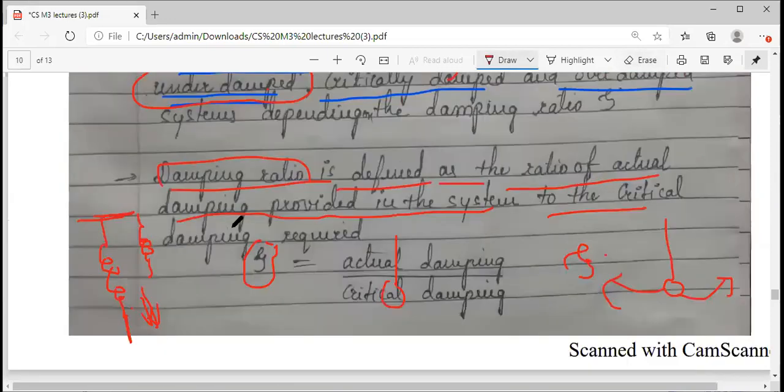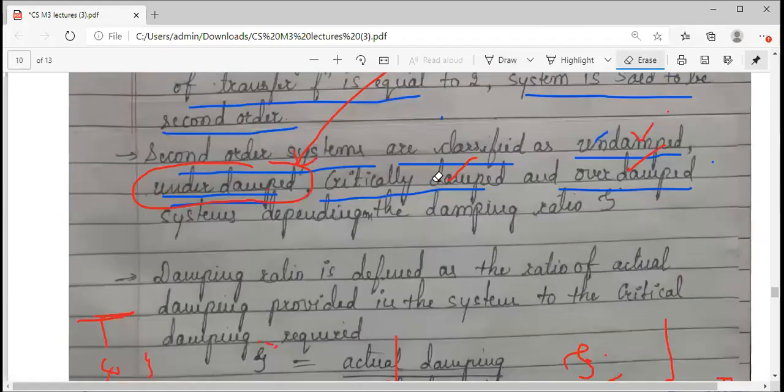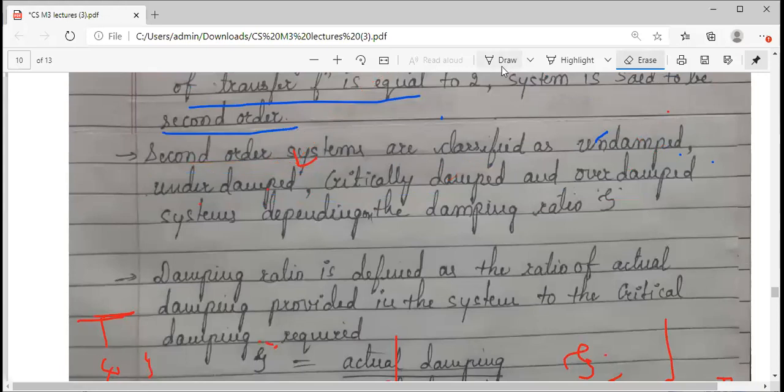According to this definition which I have just explained, I have just told you the classification of the second order systems. There are four: undamped, underdamped, critically damped, and overdamped. Out of these four, tell me which one is not possible.